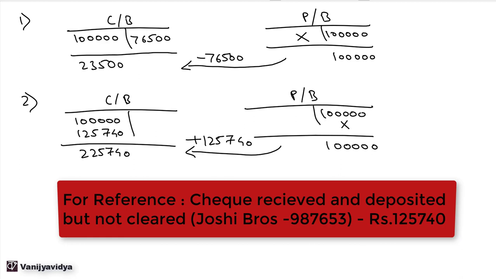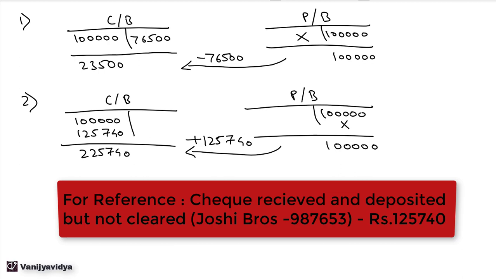Let's analyze this transaction in the other way. Now there is one check which has been received and deposited in the bank to the extent of 1,25,740. Because of this, your balance in the cash book has increased by 1,25,740. But since the same is not recorded in the passbook, your balance in the passbook is less compared to the cash book by 1,25,740.